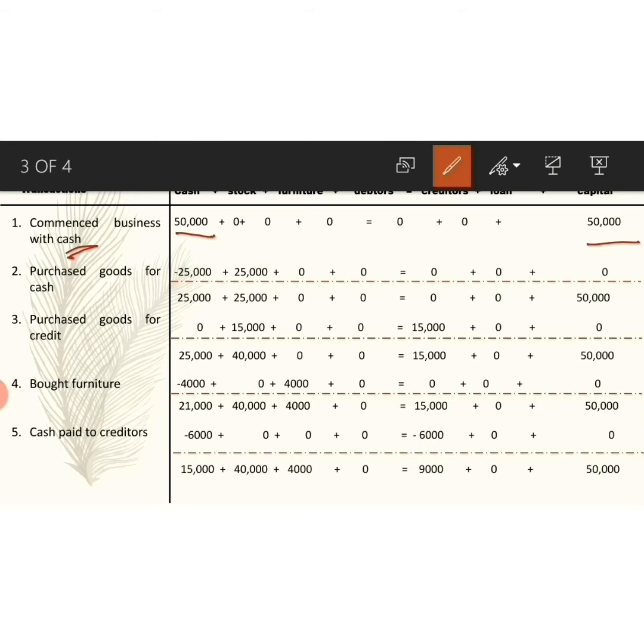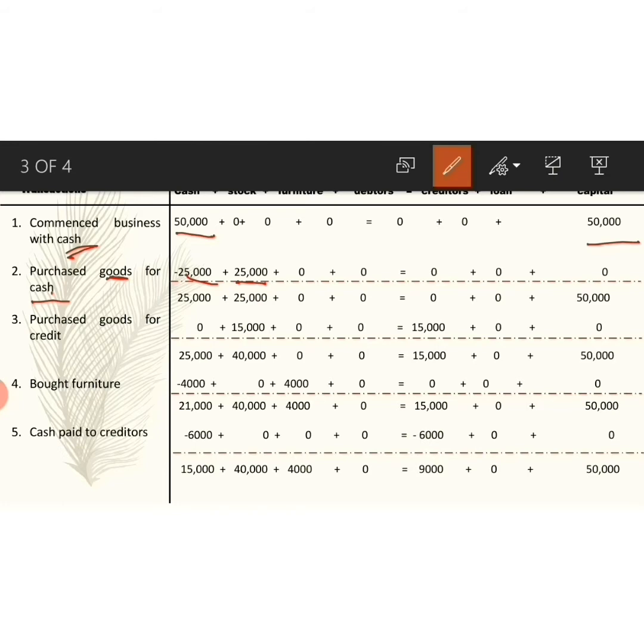Now second transaction, purchased goods for cash. Since there is cash here, we should mention it in the cash minus 25,000, and we should also mention it in the stock plus 25,000, since it is said goods are bought for cash.